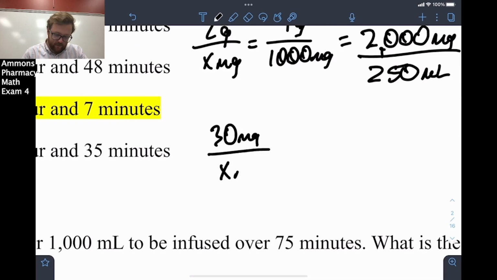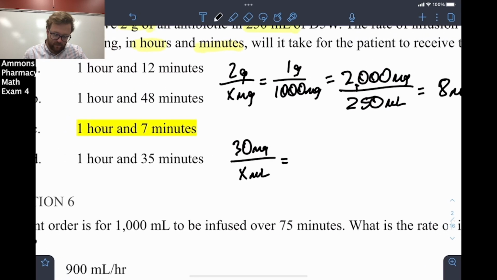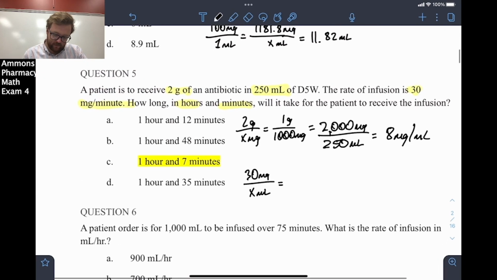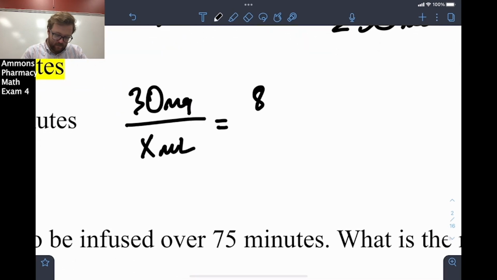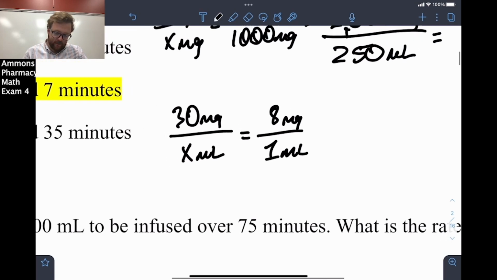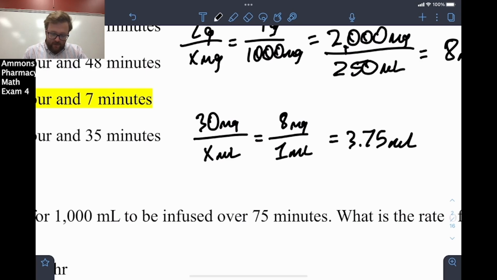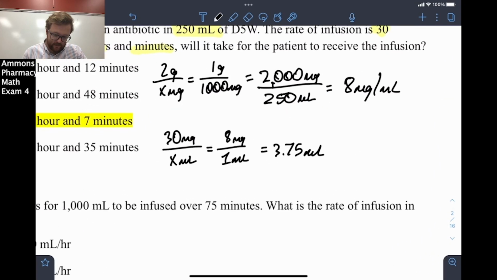We don't know how many mils, but we do know that there's 8 in 1. So it's basically 30 divided by 8. That is 3.75 mils per every minute.